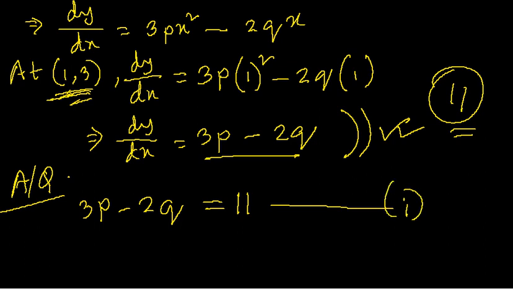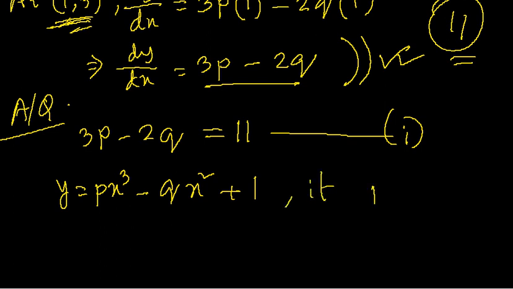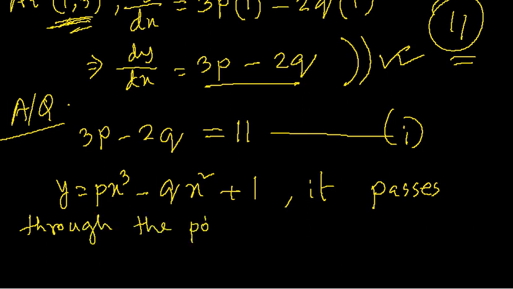Again, the original equation of the curve was y equals px cube minus qx square plus 1. It passes through the point (1, 3).